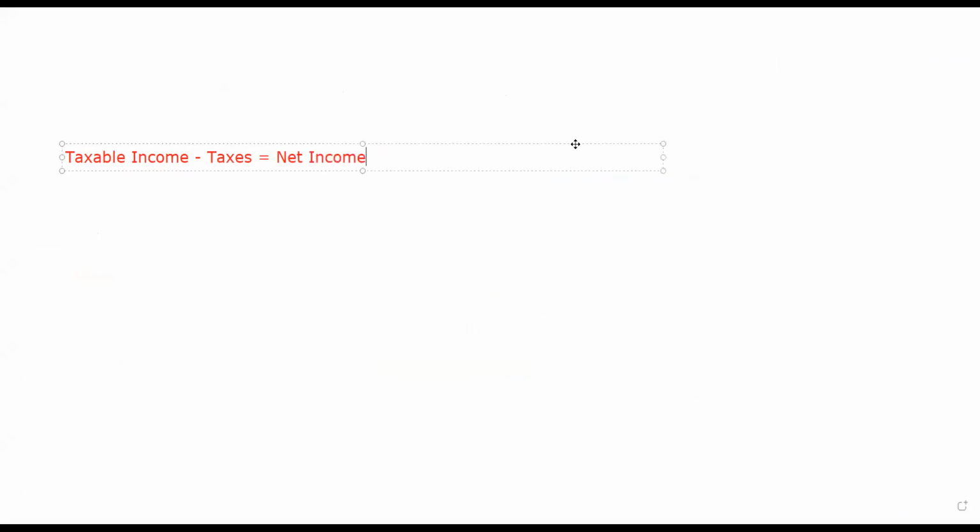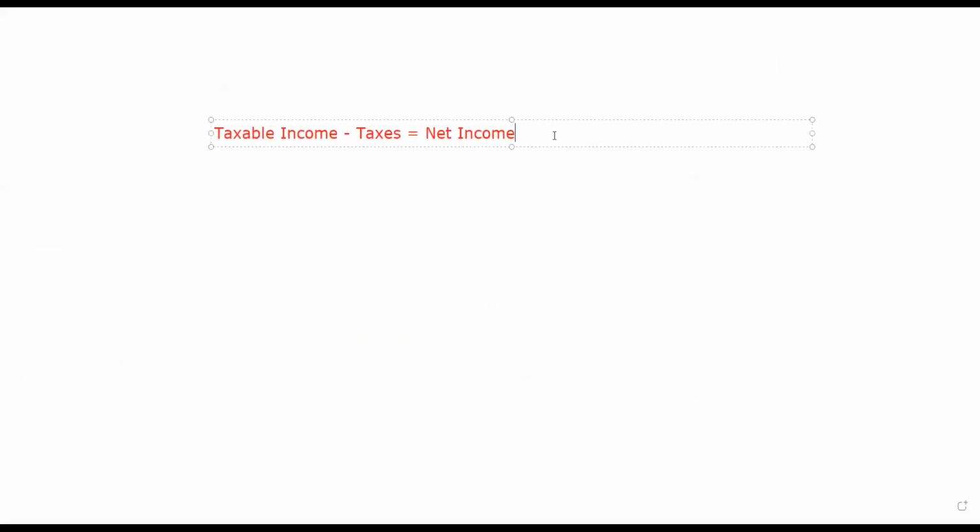That's the first thing, correct or not? Based on the income statement. Now I can rewrite it into how do we calculate taxes? We use taxable income times the tax rate equals to the amount of tax they have to pay. Correct or not?